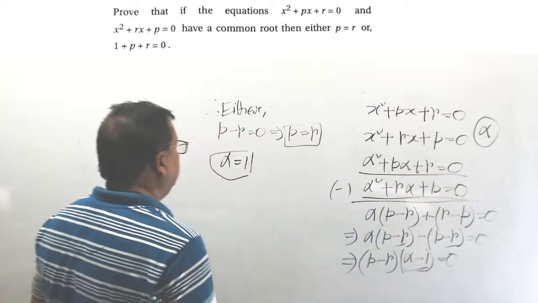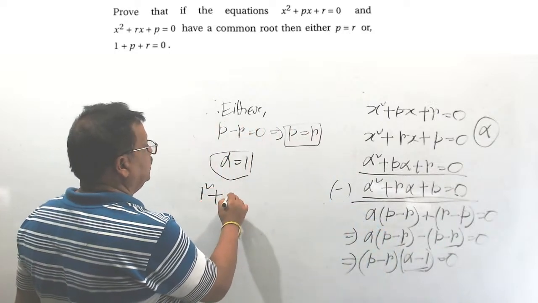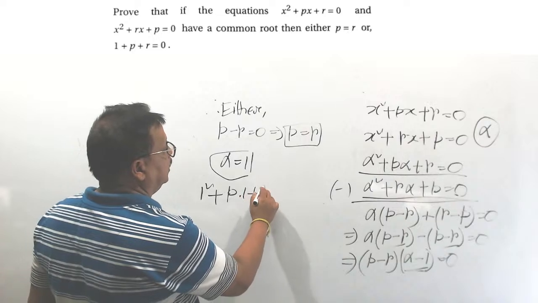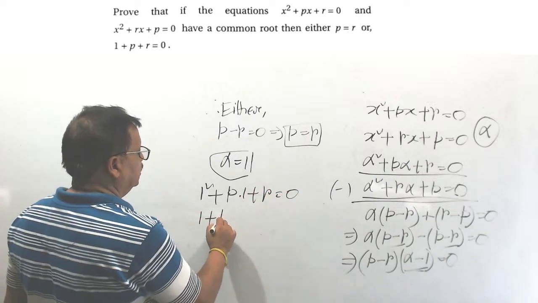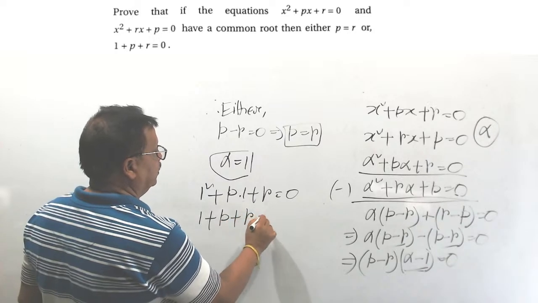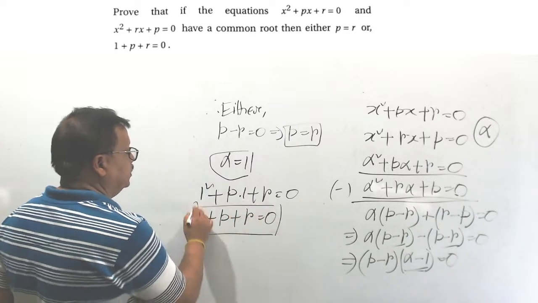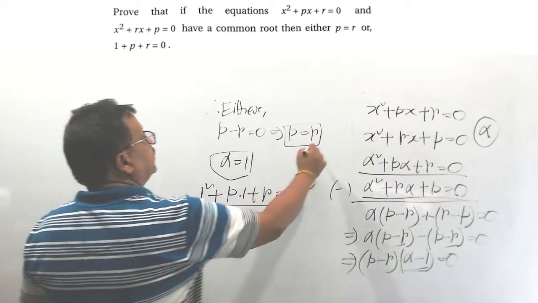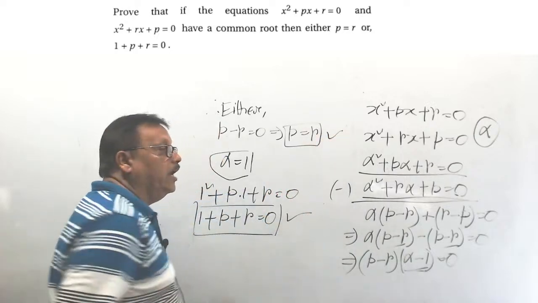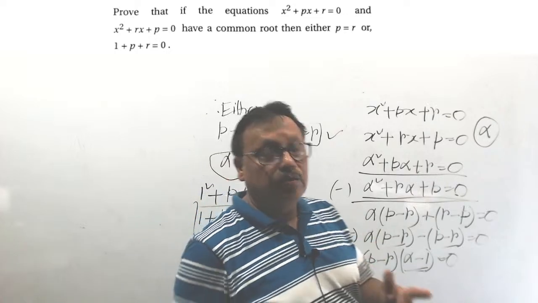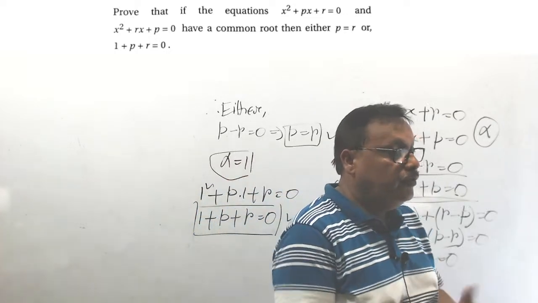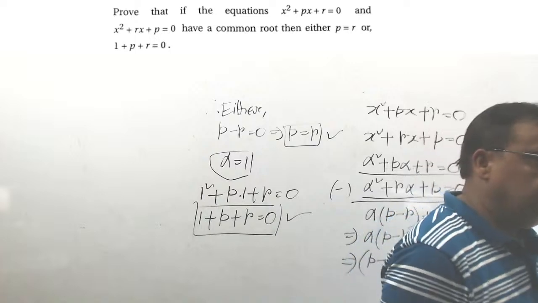Alpha is equal to 1, that is 1 square plus p into 1 plus r equal to 0. Understood? So 1 plus p plus r equal to 0. This is the second, and that was the first one. Hence proved. Understood? These are tricky questions. You have to see carefully.